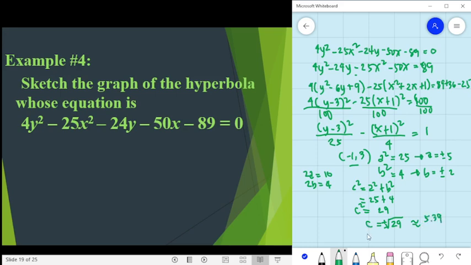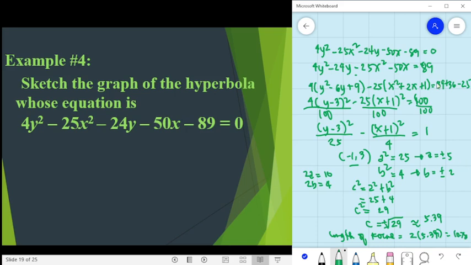This gives us the length of the focal axis, which is 2 times 5.39, equal to 10.78.